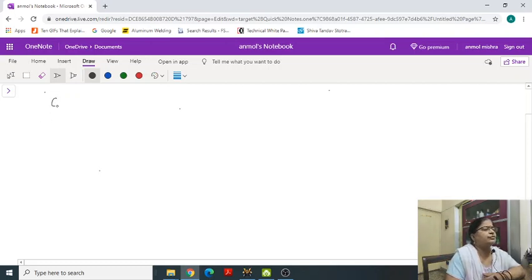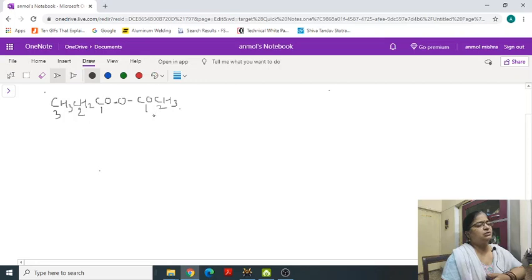Now if two different groups are present, one side 2 carbon, another side 3 carbon, we write them in alphabetical order.